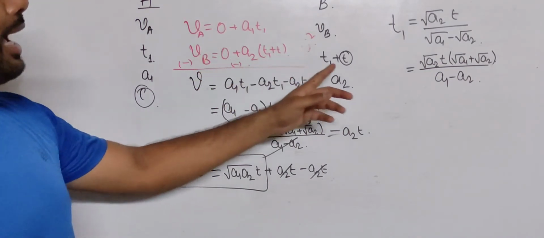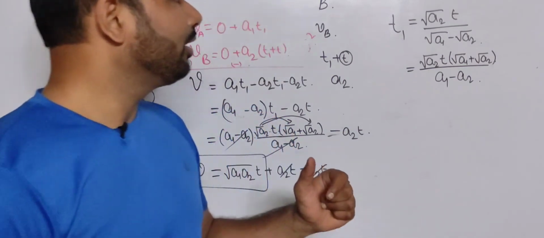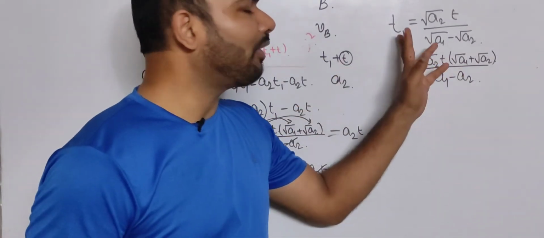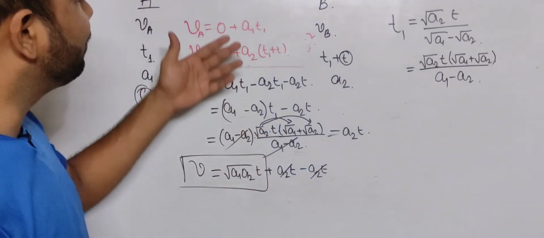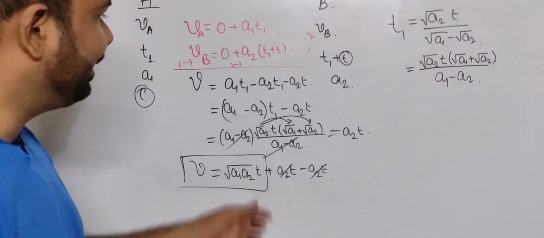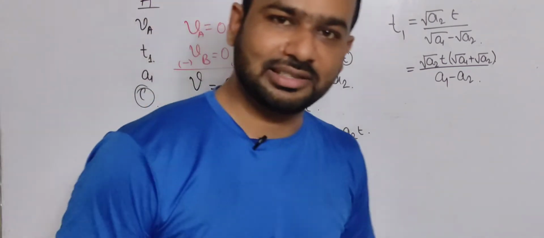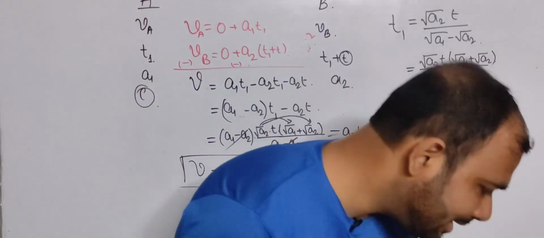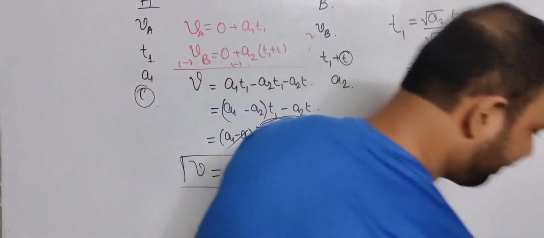We find the time t1 because we considered t1 as a time, and the difference of the time was given in the question. So we find our unknown variable t1. After this, we find the velocity V, which is VA minus VB, the difference between two velocities. This was asked in JEE Mains 2019.